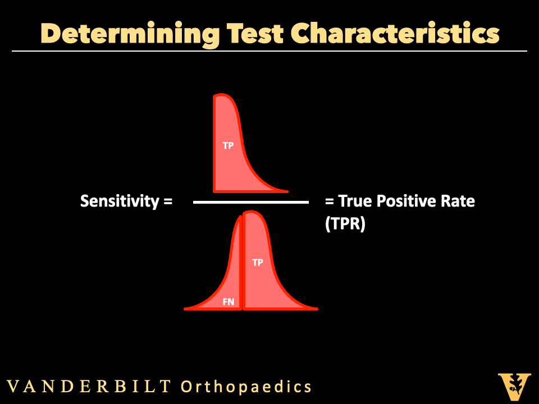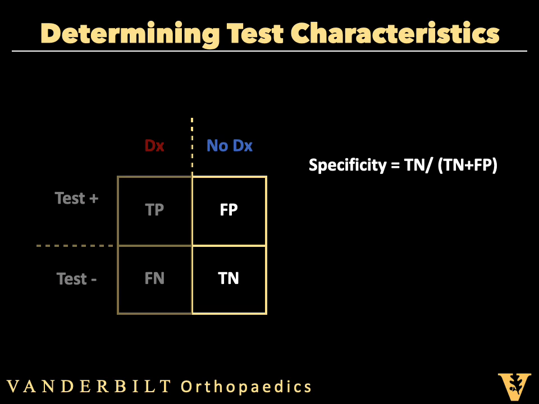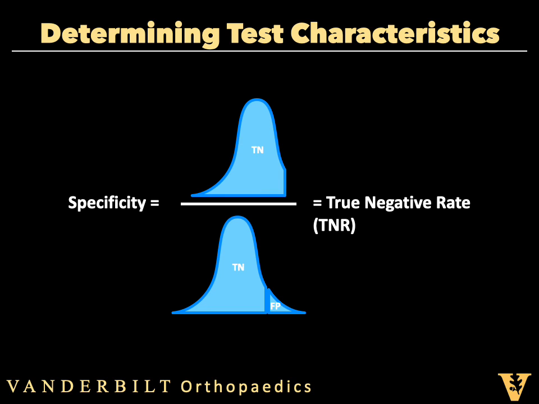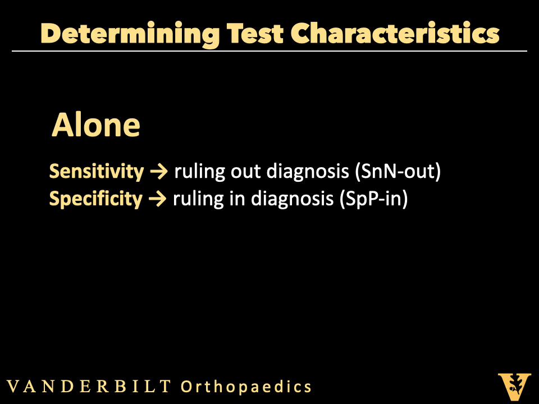And visually that looks like this. And the specificity is going to be the true negatives over the collection of true negatives and false positives, and visually represented here.